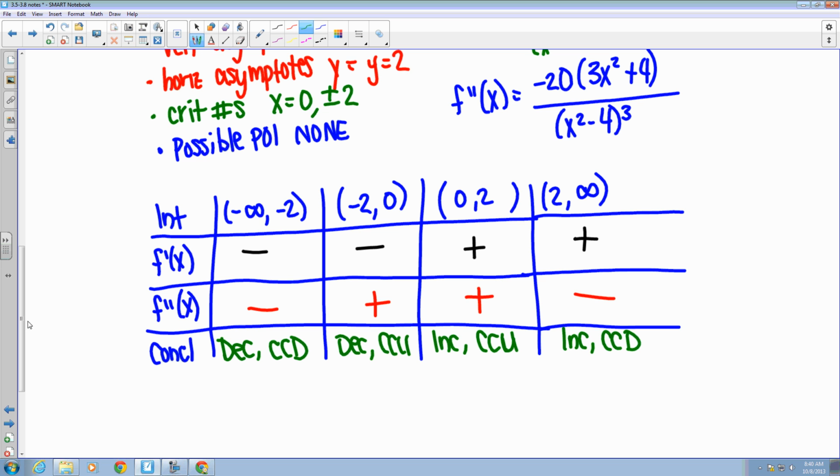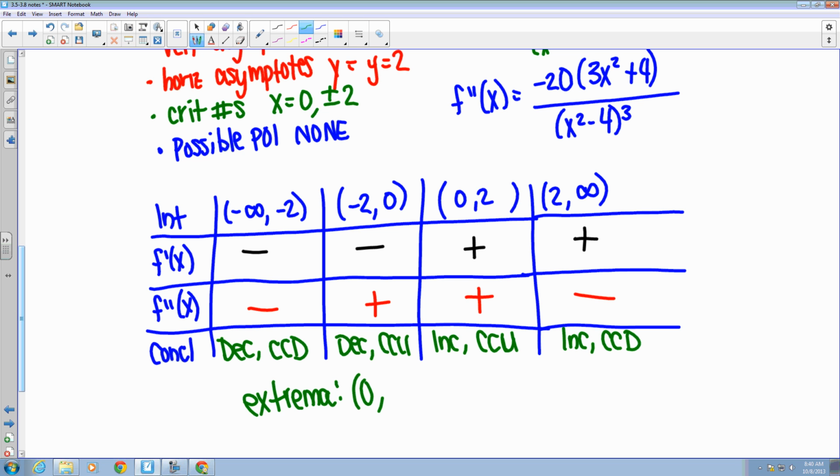Okay, so we need to identify any maxes or mins, and that's where decreasing and increasing changes, or vice versa. So extrema, we have one point where our increasing decreasing changes, and that's at 0.